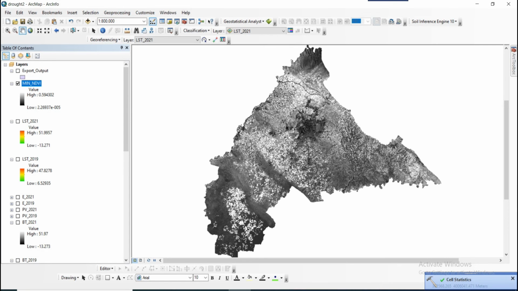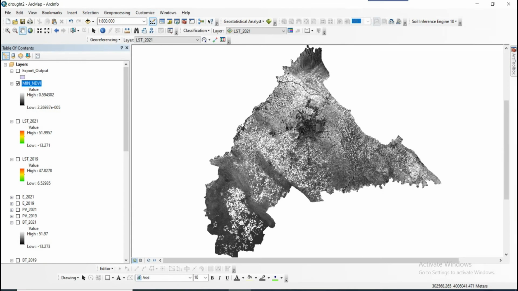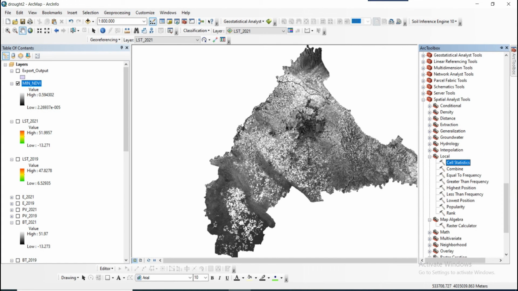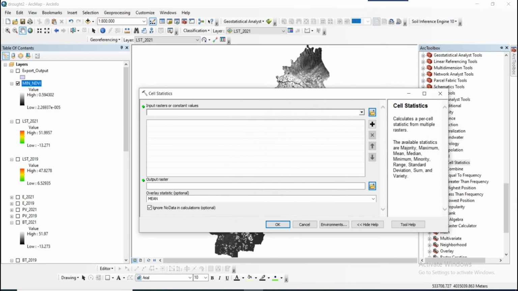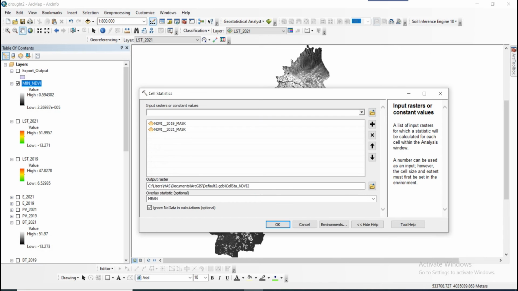So this is the minimum value layer depending on these 2 years. We will repeat this process in order to calculate the maximum value according to these years.